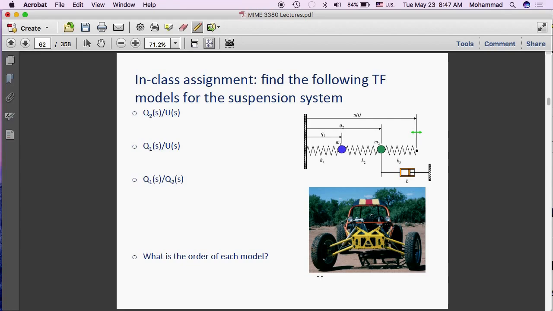What we are trying to establish here is a transfer function between input u, which is the road roughness, and displacement of the first mass, displacement of the second mass, and also the ratio between displacement of the first mass and the second mass.